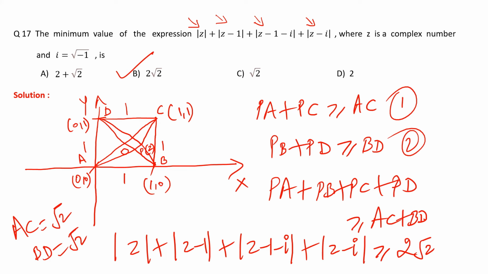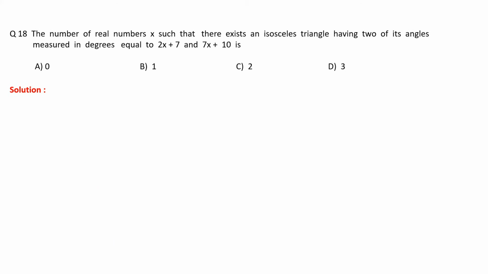Now we move to the next question. The question says: the number of real numbers x such that there exists an isosceles triangle having two of its angles measured in degrees equal to 2x plus 7 and 7x plus 10 is. Now there are different cases that we need to cover.